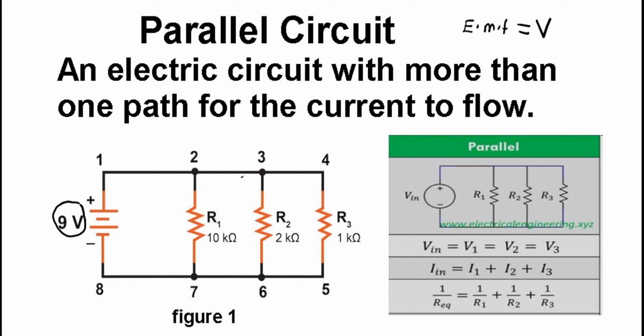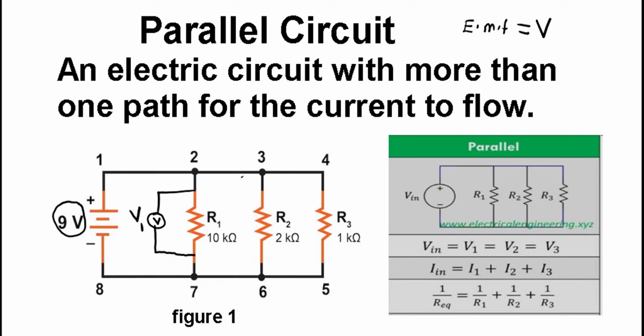As 9 volts. That is to say that when you want to measure the voltage drop across this R1, as usual, you put your voltmeter, which is an instrument used in measuring voltage. Here, you will see that the voltage drop V1 will be equal to 9 volts.